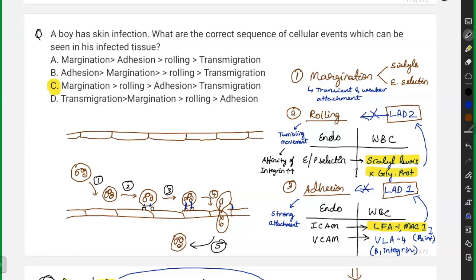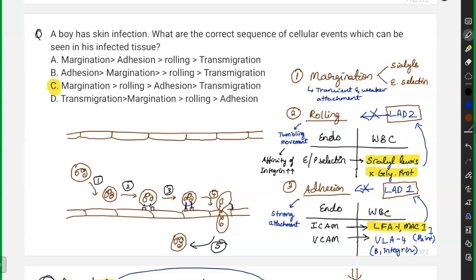So this ICAM is going to get attached with LFA-1 and MAC-1, whereas VCAM is going to attach to the VLA molecules, VLA-4. So you have to understand beta 2 integrin and beta 1 integrin attach to ICAM and VCAM. Clear? Any doubt? Beta 1 integrin, VCAM. Beta 2 integrin, ICAM. Clear?